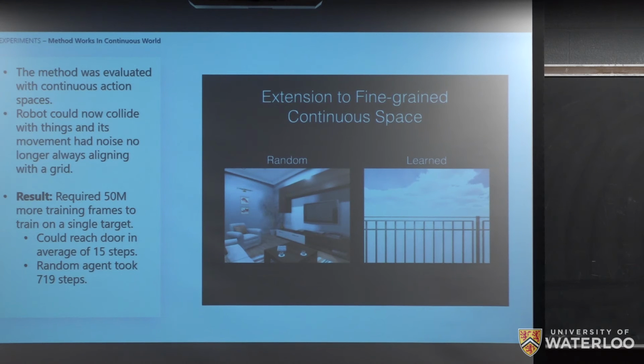And using this, they could reach the door in an environment using 15 steps, while a random agent took 719. So it was clearly still learning, but it might take a bit more time and a bit more resources in order to do this using a continuous action space.